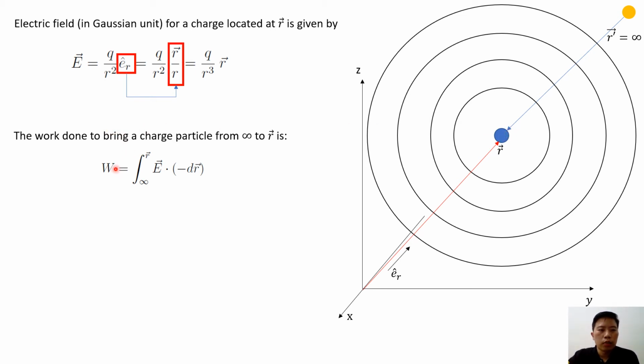And the work is written as the integral of the force field, which is E dot with negative dr. So here there is a negative sign because you are going to bring the particle inwards, whereas if you are just going to push it outwards, then this is going to be a positive dr.